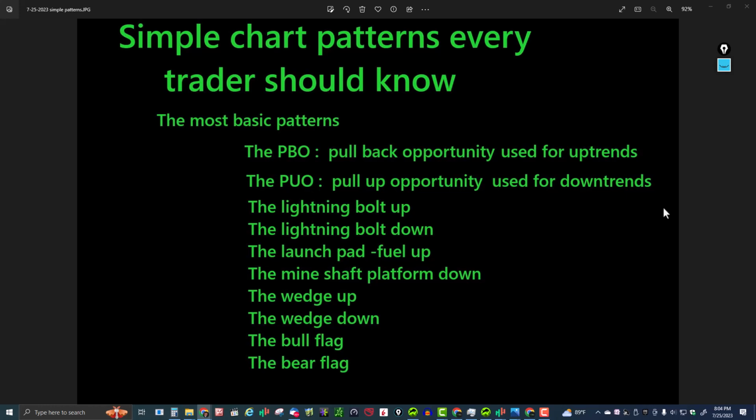So let's start with some of the basic ones. The first one we're going to hit is the PBO, the pullback opportunity. That's used in uptrends. Anytime you get an uptrend and you pull back to the trend line, for me, the trend line is my holy grail indicator.